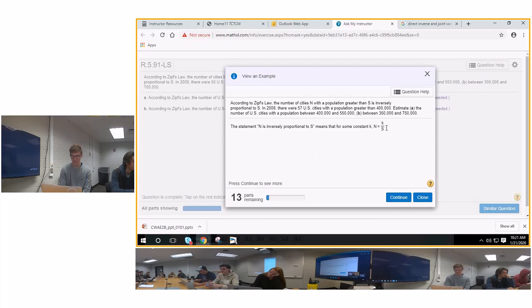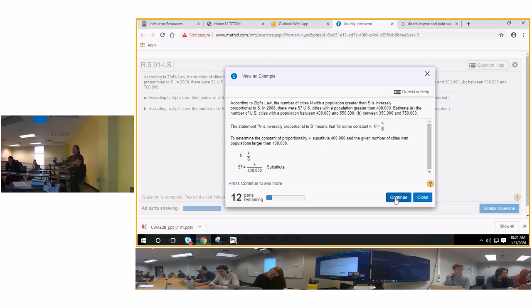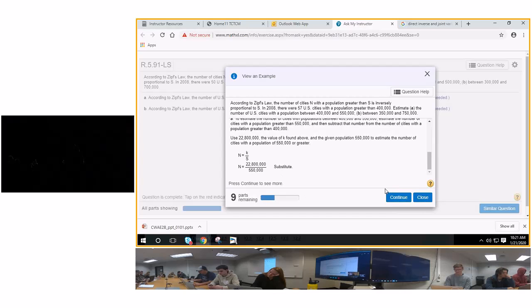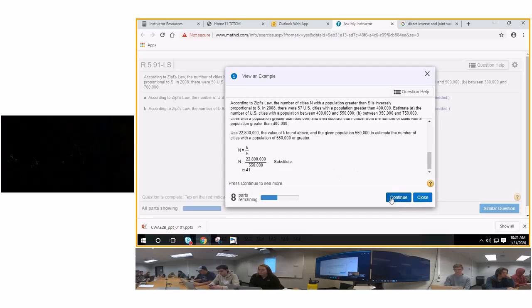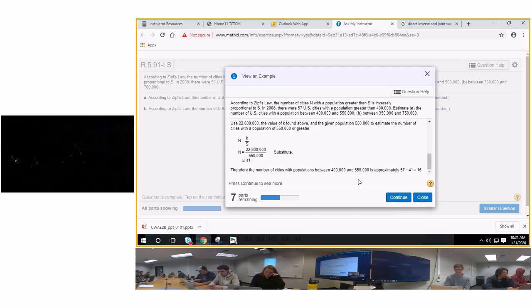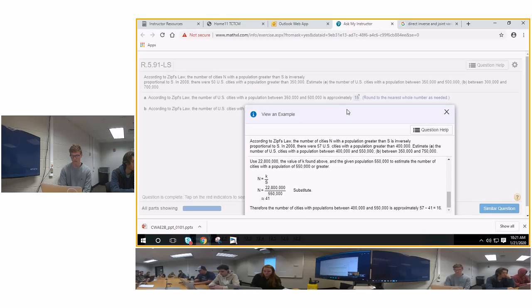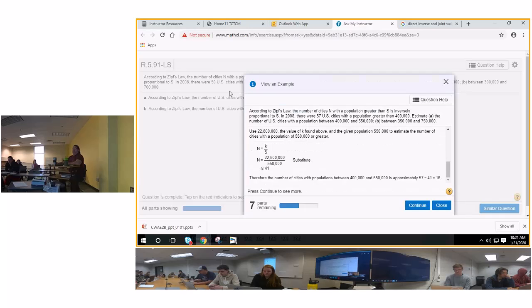A is equal to K over S. We just did that. Find K. K is equal to 22, and then plug it in. 22 equals 41 on one side, and then the other side.